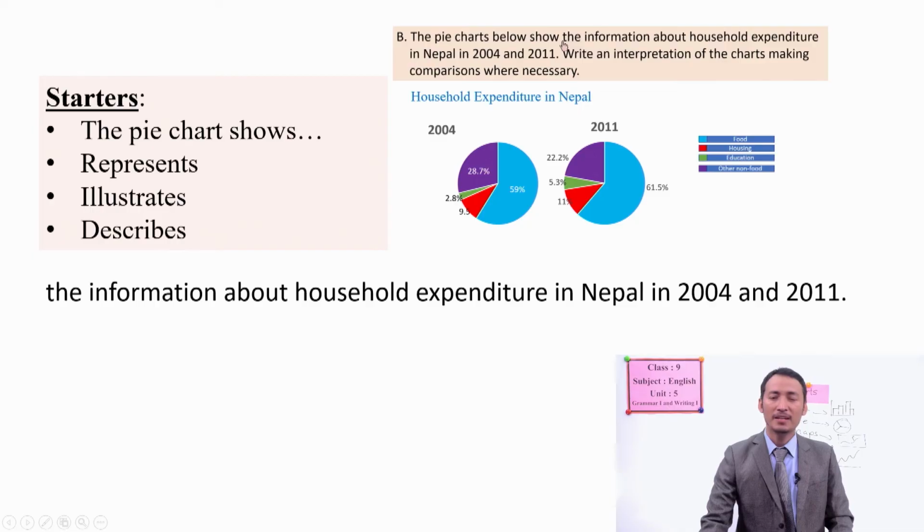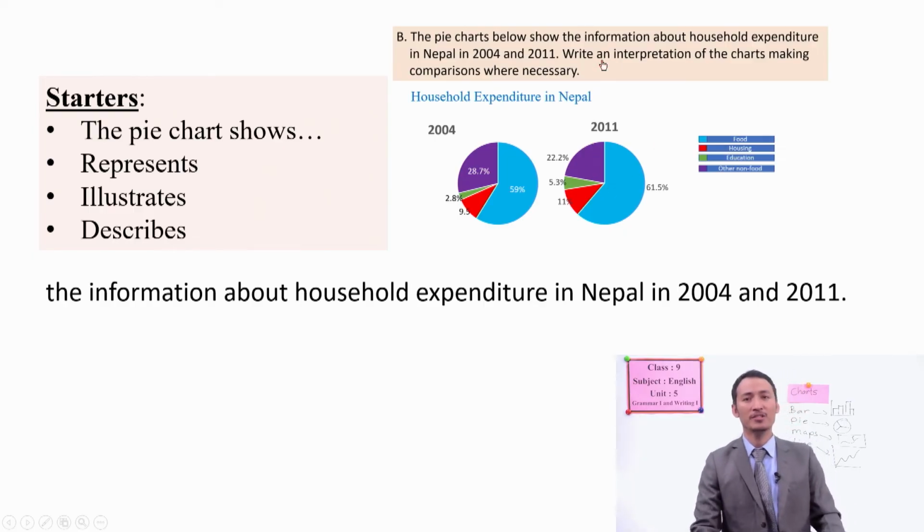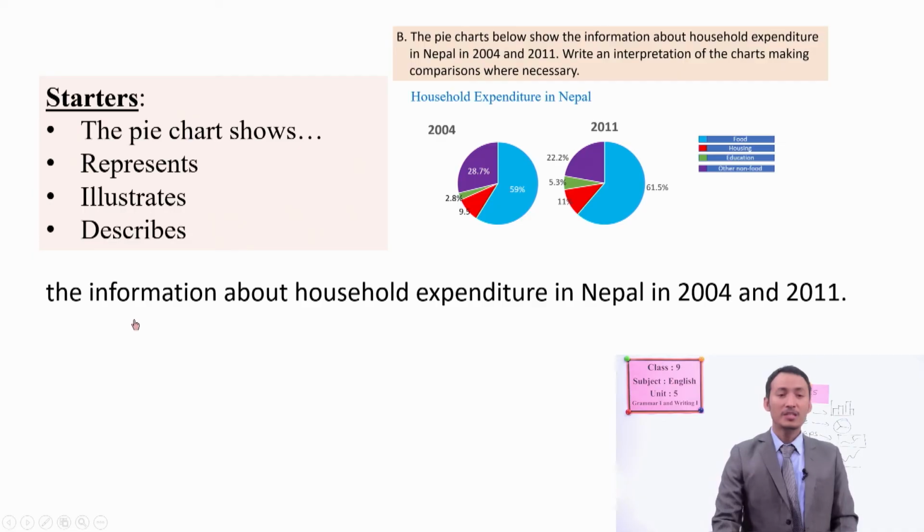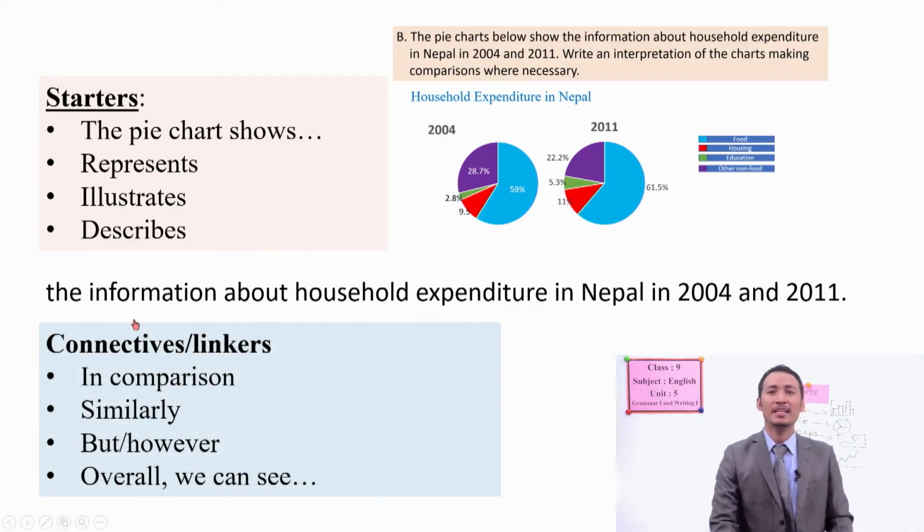You can copy the information from here: the information about household expenditure in Nepal in 2004 and 2011. You can copy it here, because that's what the chart is showing. Now, what you do next is compare. You are explaining the data.